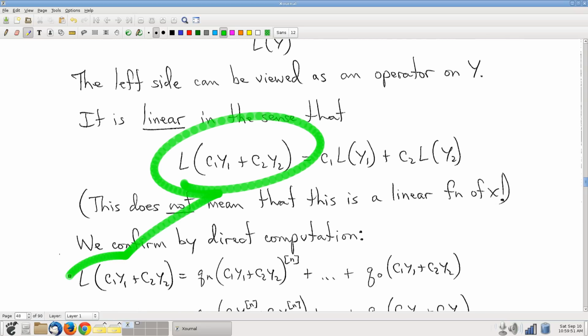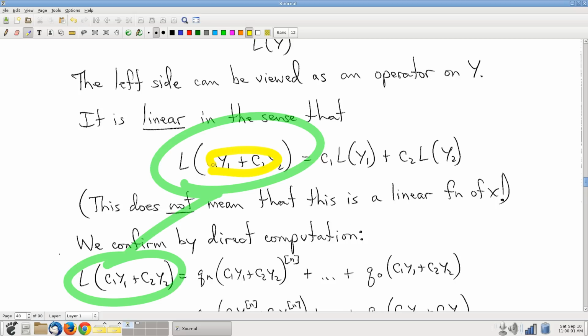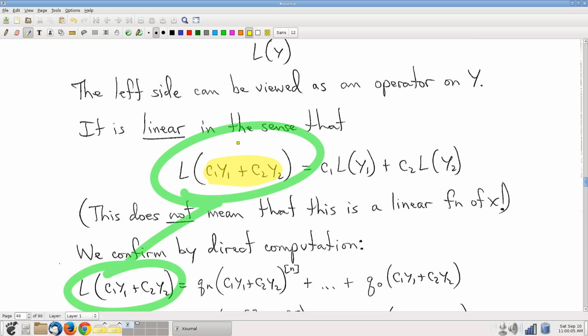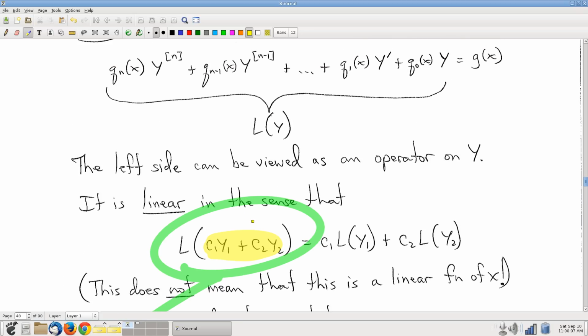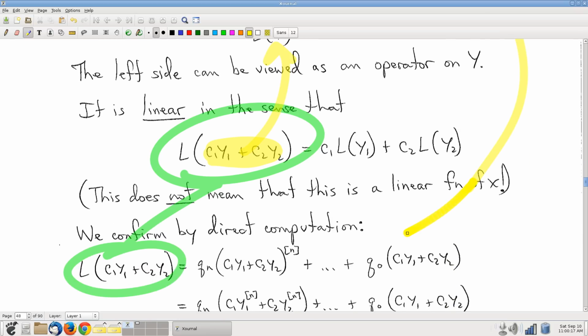We're going to compute the left-hand side of the expression that we're interested in. So notice that in order to do so, I have to take this linear combination of functions and plug that in to my linear operator. So I've got to take this, plug it in there, which then gives us this, something along those lines as its output, namely that.